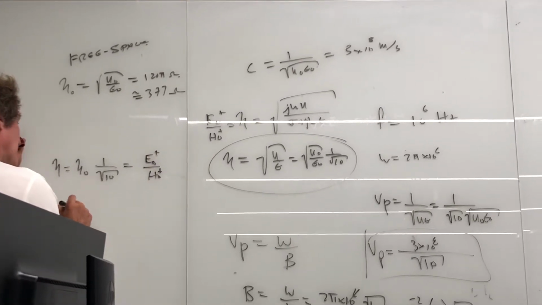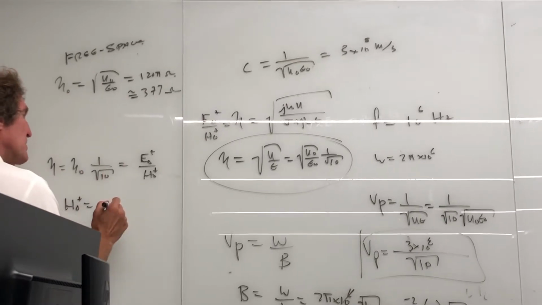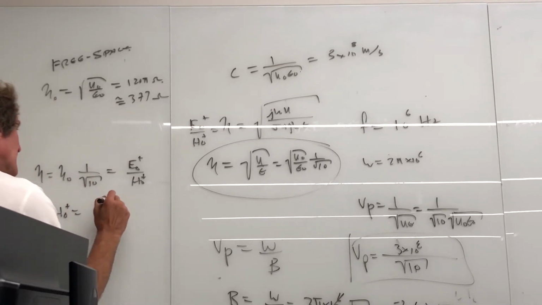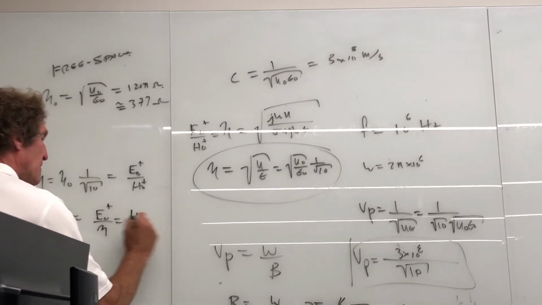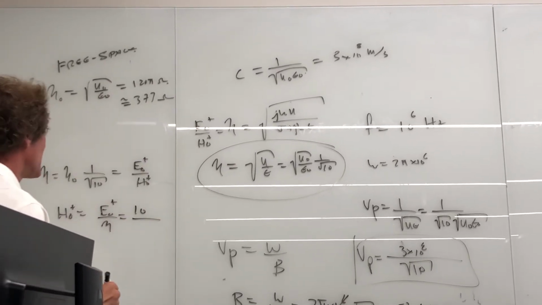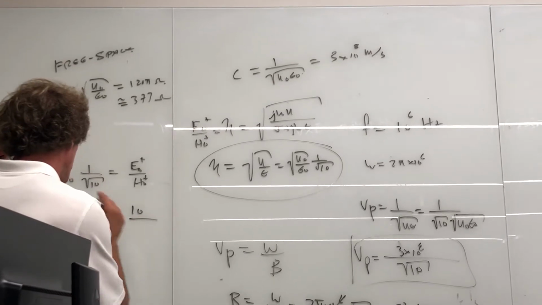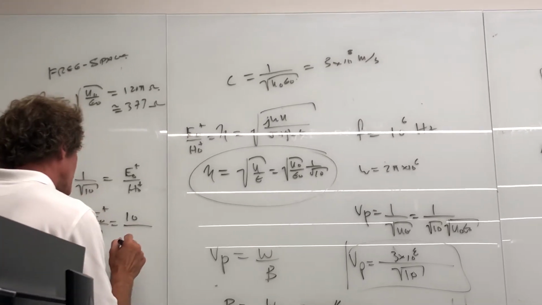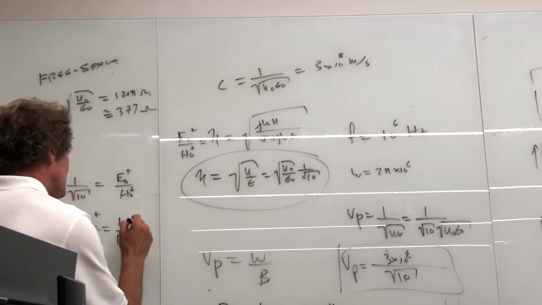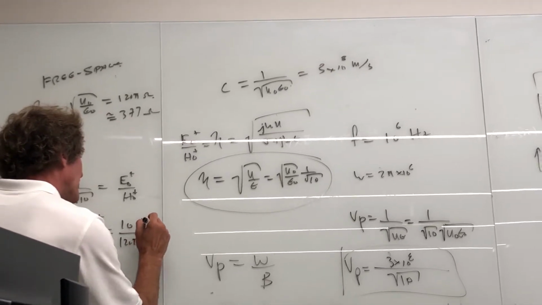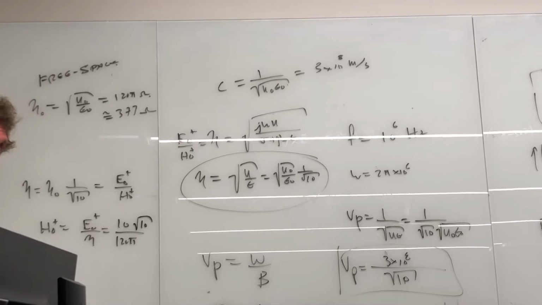That H naught plus is equal to E naught plus divided by eta, or it's E naught plus, or 10 volts, right? 10 is the magnitude, divided by eta, and eta would be eta naught over square root of 10, or it's 120 pi divided by square root of 10, so this would be times square root of 10 here. Do you agree with me?